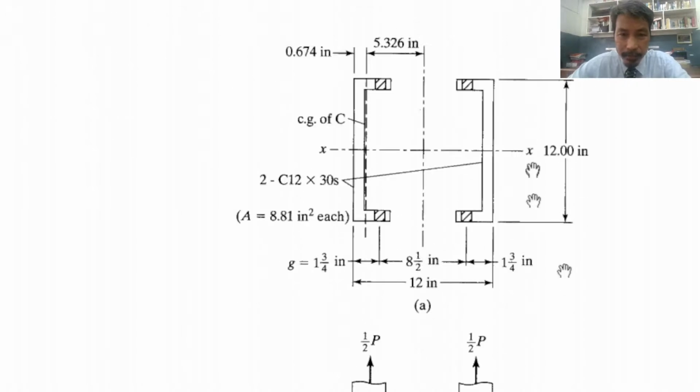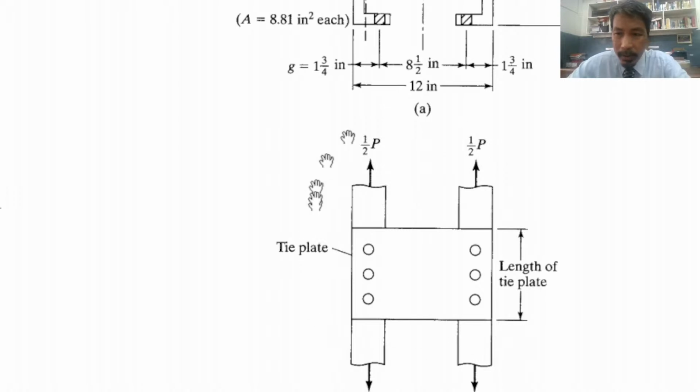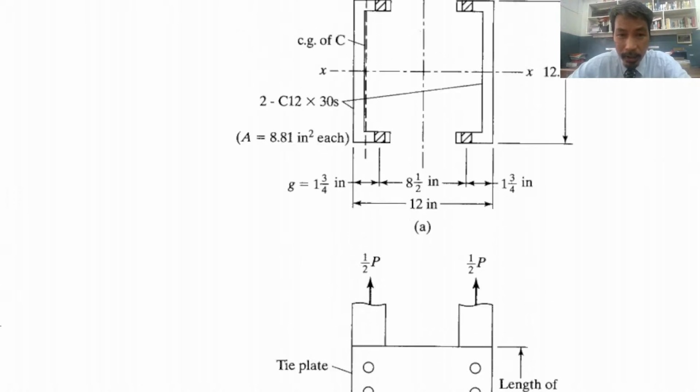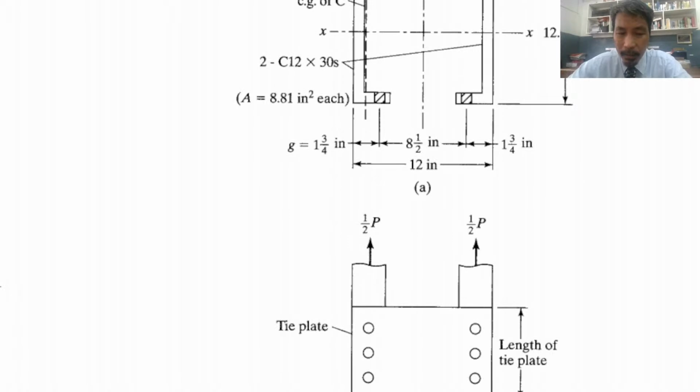Look at the figure. So this is a built-up section. We have the C channel, but we have the plate. That's why it looks like a hollow rectangular pipe, a hollow rectangular section, because of this plate. So it is now considered a built-up section.